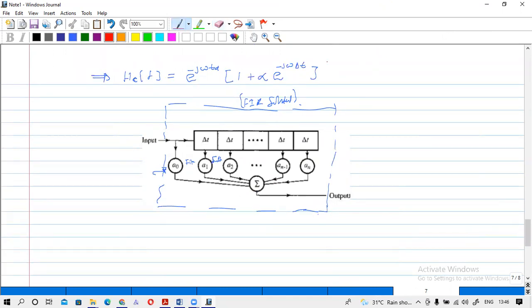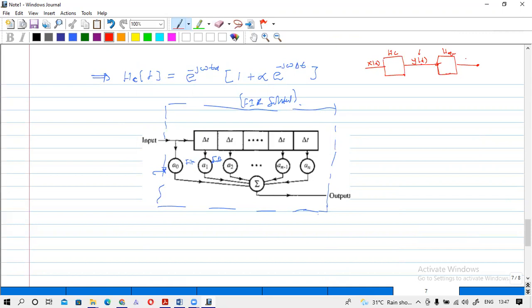I hope it will not confuse you. Because here we have a channel. Now we have x(t), and the output of the channel is y(t). This y(t) is the distorted signal, and it should be fed to the equalizer. The output signal will be a distortionless signal.